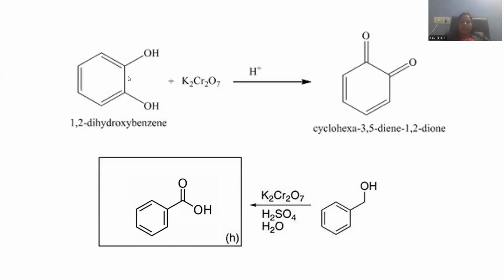Here is a dialcoholic compound at the 1,2 position. The 1,2 position is called a vicinal position. This is called benzene-1,2-diol. So 1,2-dihydroxybenzene is the IUPAC nomenclature for the compound. IUPAC stands for International Union for Pure and Applied Chemistry. And catechol is the name, and K2Cr2O7 will work upon this as an oxidizing agent under acidified conditions.